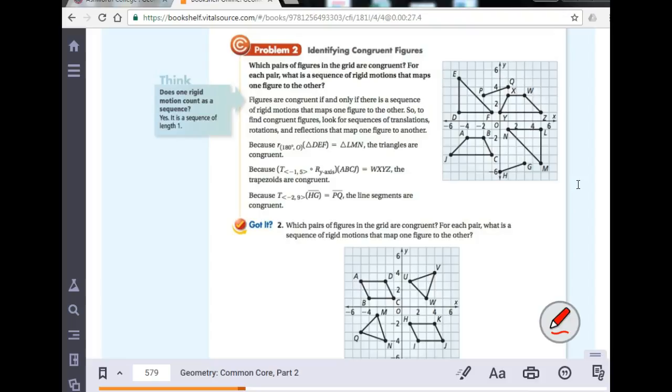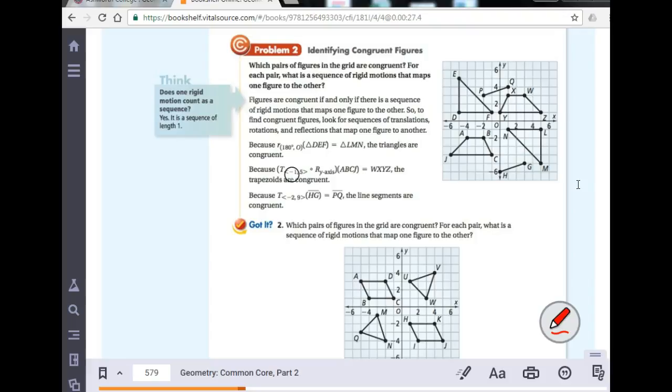Now, for the trapezoid here that we're calling ABCJ, there's actually a couple of things going on. First of all, to map this onto this up here, it looks like it got reflected over the y-axis. Imagine this getting reflected over the y-axis, and then translated, which is what the T stands for, 1 back and 5 up.